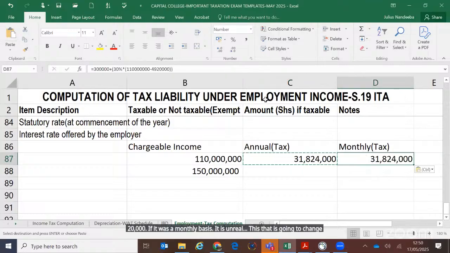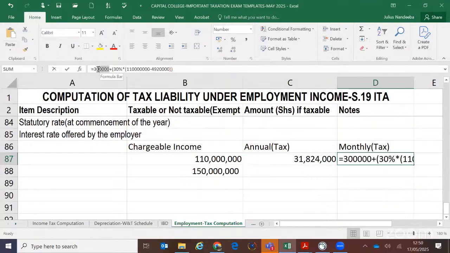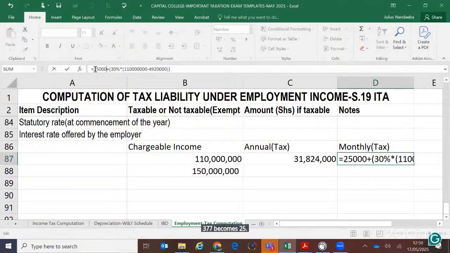The 300,000 becomes how much? On a monthly basis, 300,000 becomes 25,000. And then the 4,920,000 becomes what? 410,000.